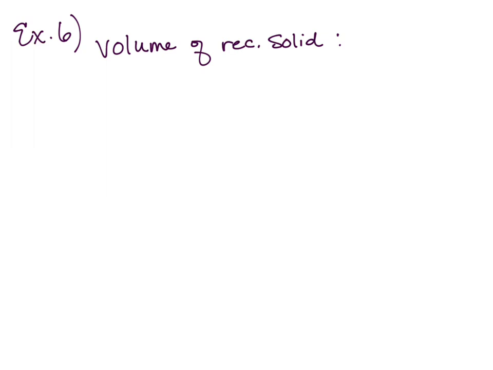Rectangular prism. The volume of the rectangular solid is given by 3x to the 4th minus 3x cubed minus 33x squared plus 54x. I think that's a crazy volume, but who am I to say?